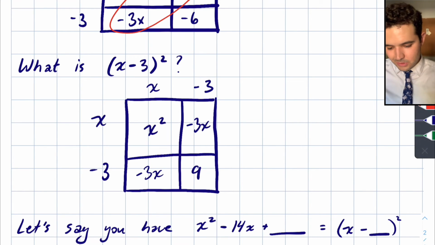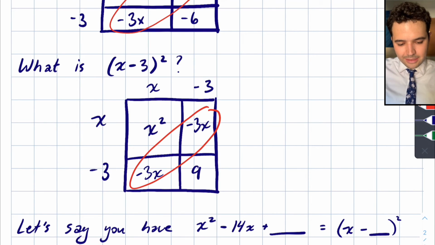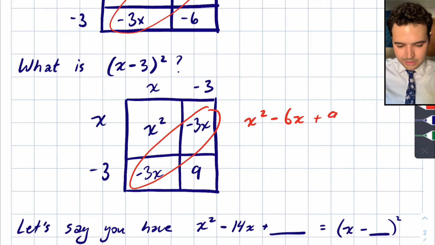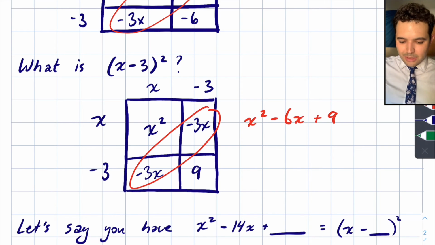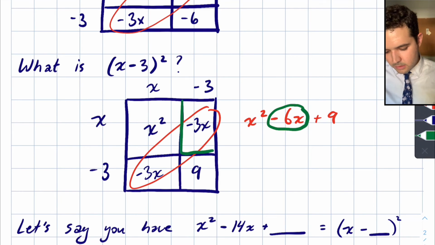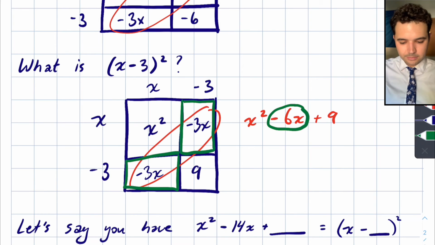And these terms combine, and they combine equally. I have negative 3x and negative 3x. There's symmetry here. And I end up with x squared minus 6x plus 9. But now you can see why people divide this term into two, because the two pieces, these two rectangles, are always equal.